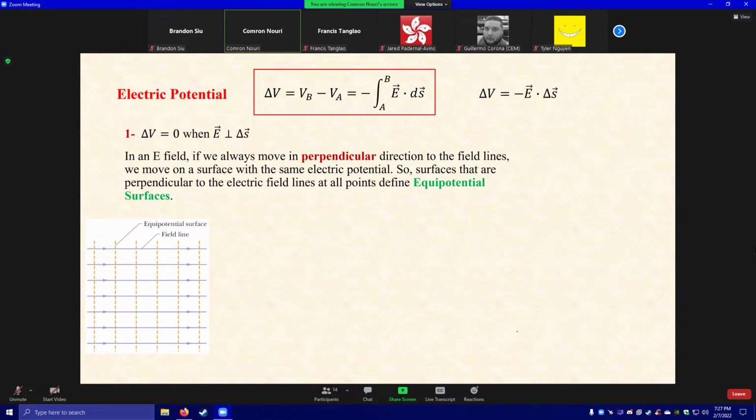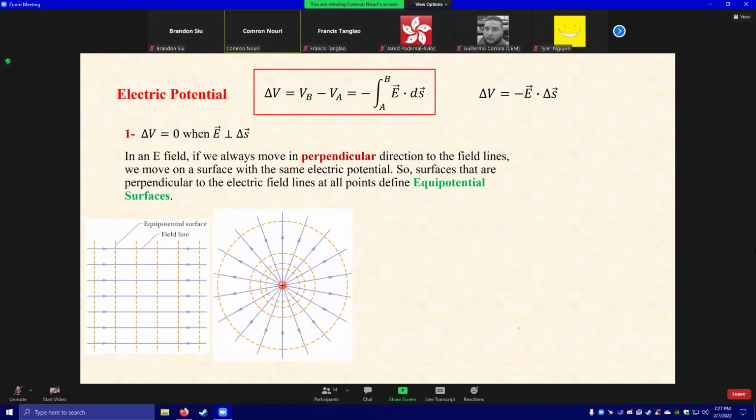So here, the field lines are to the right, it is a uniform field. Equipotential surfaces are planes perpendicular to those fields. Like the gravity of the Earth is downward, equipotential surfaces are horizontal surfaces, right? Or in this case, the electric field of a point charge radiates outward from the charge.